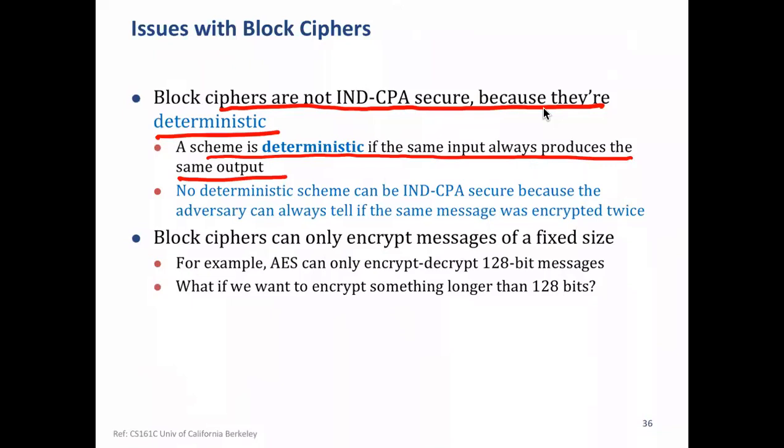And every time the message is different. So if the key is to be reused, then there's a problem, and the whole algorithm is deterministic, right? AES and DES are all deterministic algorithms.